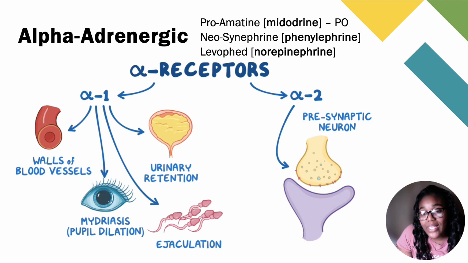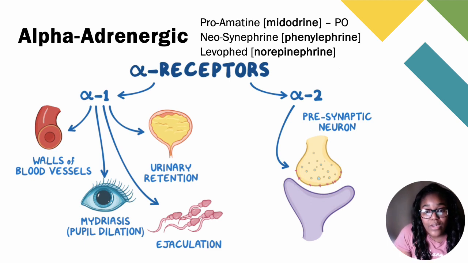The reason why we would give this for dialysis is because normally we're pulling fluid off of an individual, which thus decreases their blood pressure. Some people respond to that very poorly. So by giving them midodrine, we help keep their blood pressure boosted in light of them having dialysis treatments.